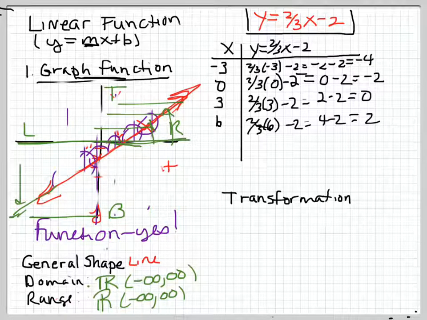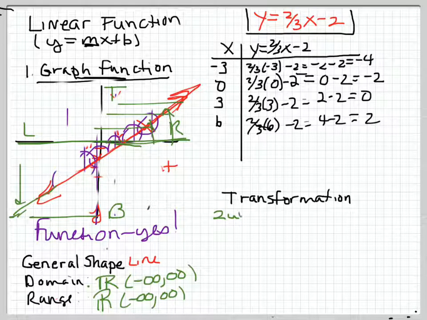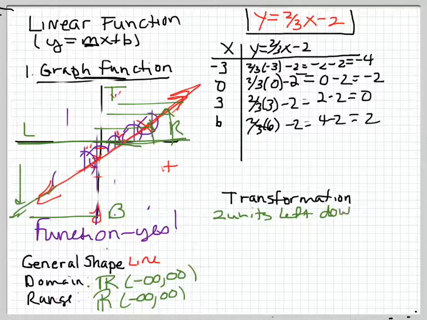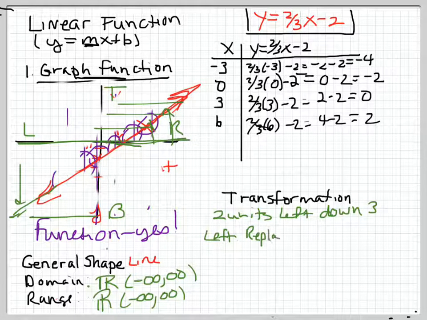One of the things they asked you to do, and I don't have my computer open in front of me, but they said move the graph something like 2 units left and down 3. Well, when you move the graph left, what you end up doing is you replace x with x plus 2.